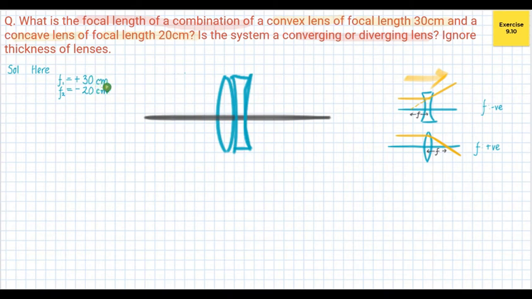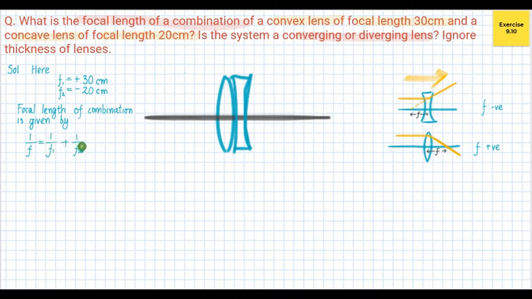Now they have asked us to calculate the focal length of the combination. So the focal length of combination is given by 1 upon f equals 1 upon f1 plus 1 upon f2.